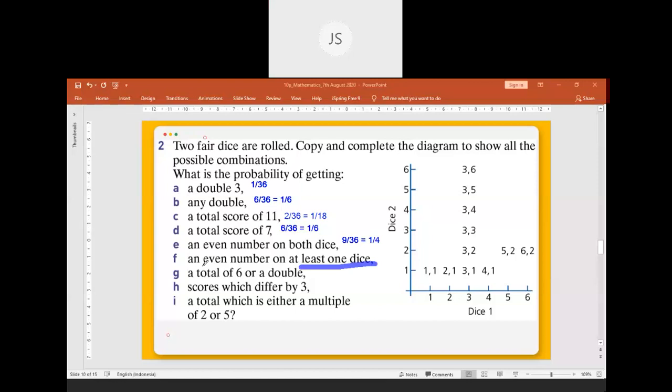How did you get 27? 1,2, right? And 1,4, 1,6. And then in the second row, all of them, because 2 is an even number. And in 3, there's only 3. In 4, there's 6. In 5, there's 3. In 6, there's 6. Okay, so it will be 3 out of 4.